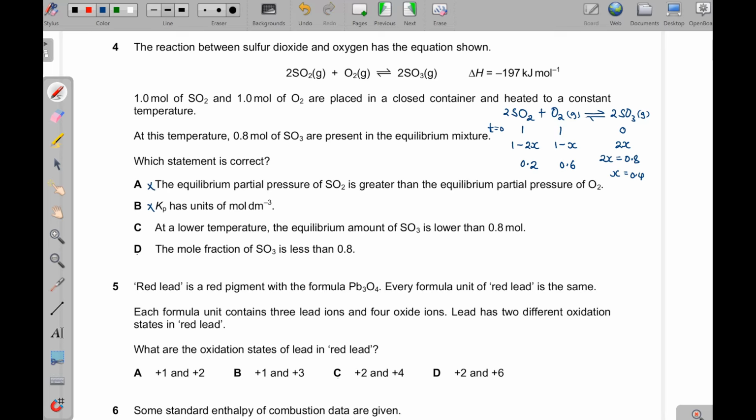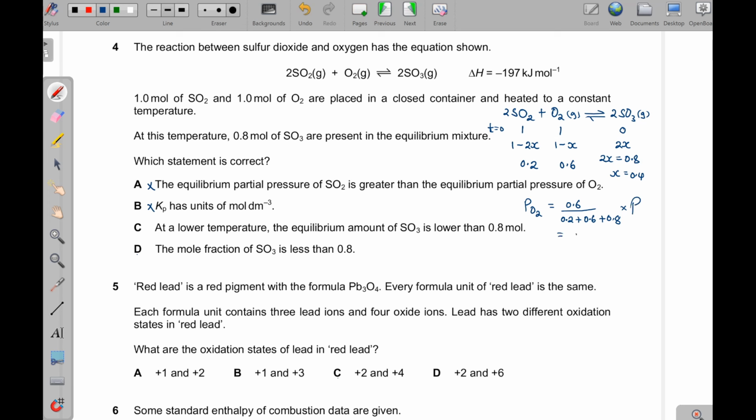Even when we are trying to find the partial pressure of oxygen, it is going to be 0.6 divided by the total number of moles. We have 0.2 at equilibrium, then 0.6, plus 0.8 for sulfur trioxide, so that will be 1.6, times the total pressure.